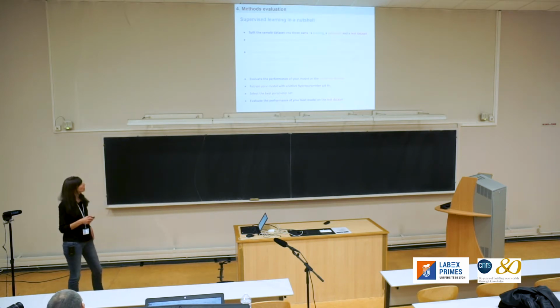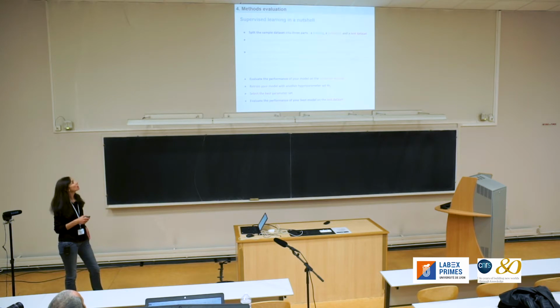So we want to define now how to correctly evaluate. Once we have trained our model, we want to evaluate if it's a good or bad model. First, we will discuss how we can split our sample data set. As I said this morning, we have to split this sample data set into 3 parts: a training data set, a validation one, and a test data set.